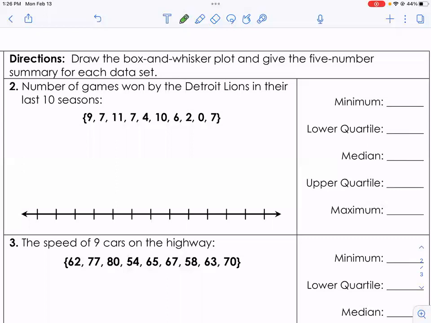Oh, okay. Don't worry about drawing the box and whisker plot. Just find me the 5-number summary. How does that sound? We'll draw it together.